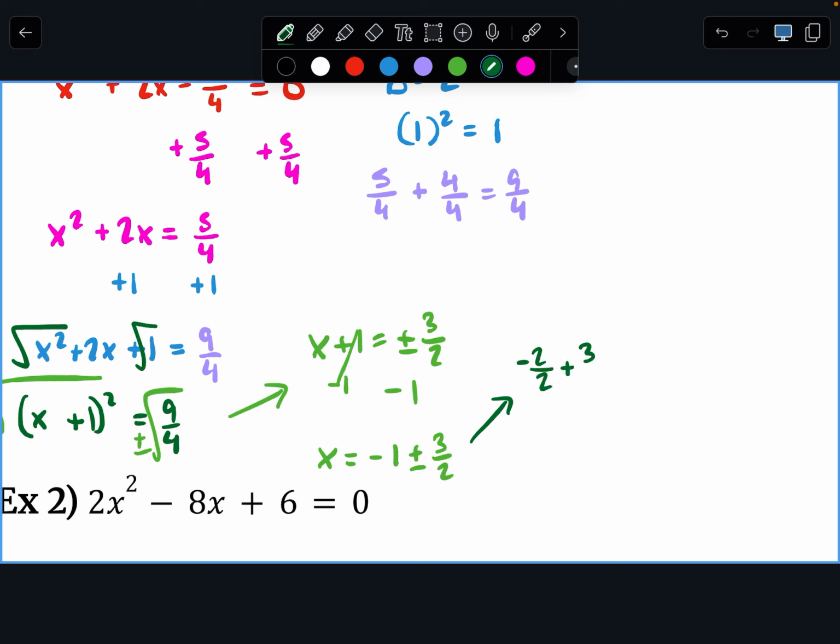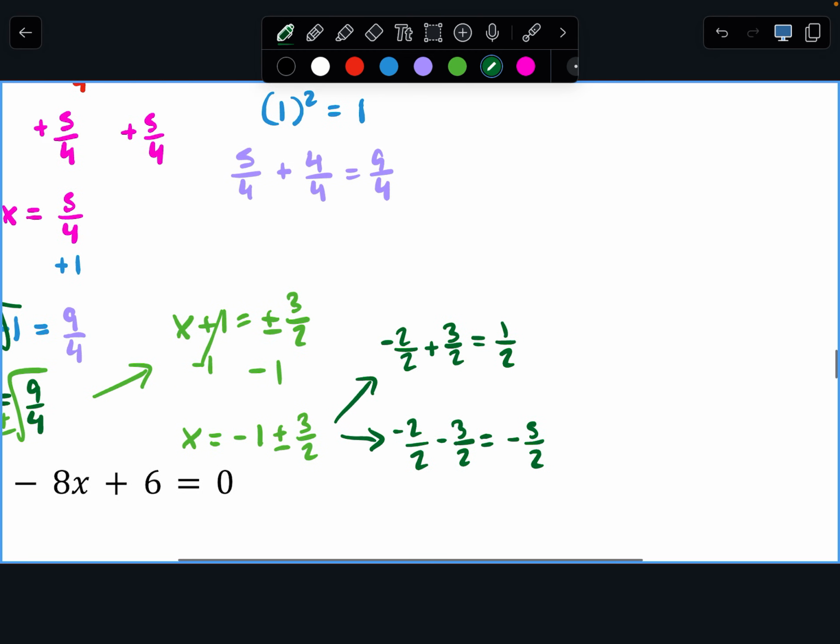So we can add in one group, and our second possibility is that we're going to subtract. So we get 1/2 and -5 over 2. So when I write my solution, x equals 1/2 or -5 over 2.